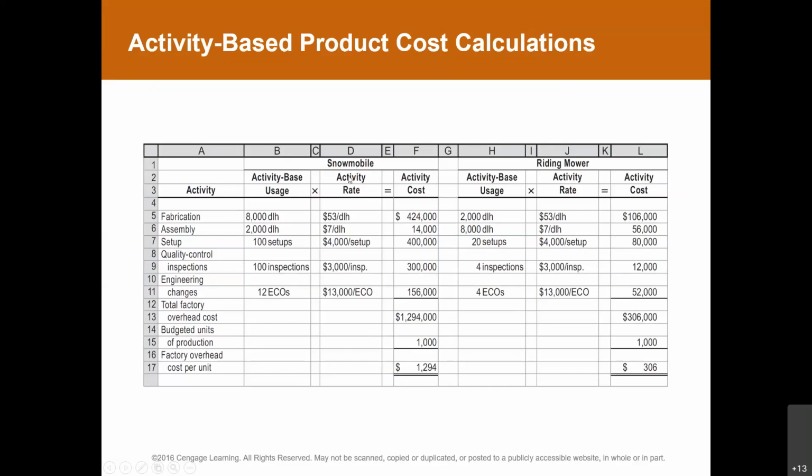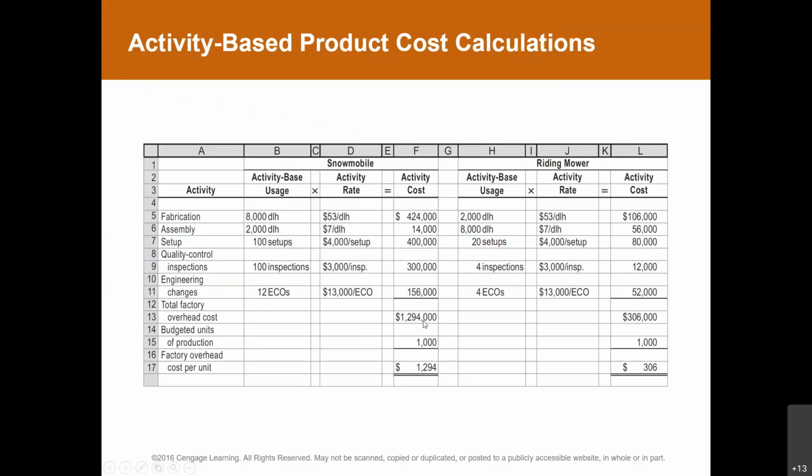We multiplied that by each respective activity rate to get our activity cost. And we do that for each activity. By the time we're done with each activity, we add them all together. We add up our activities to get our overhead cost for snowmobiles.